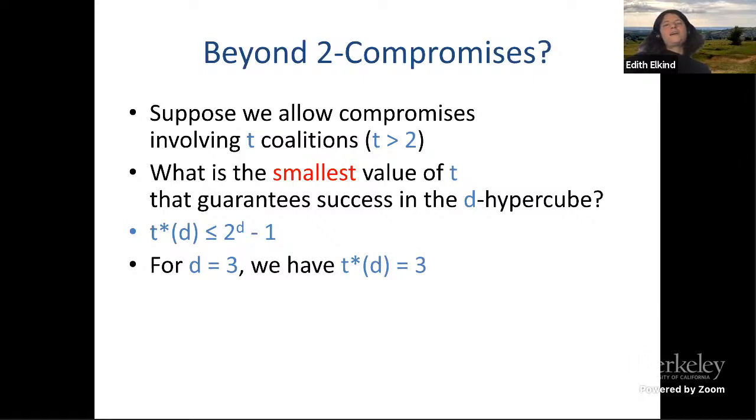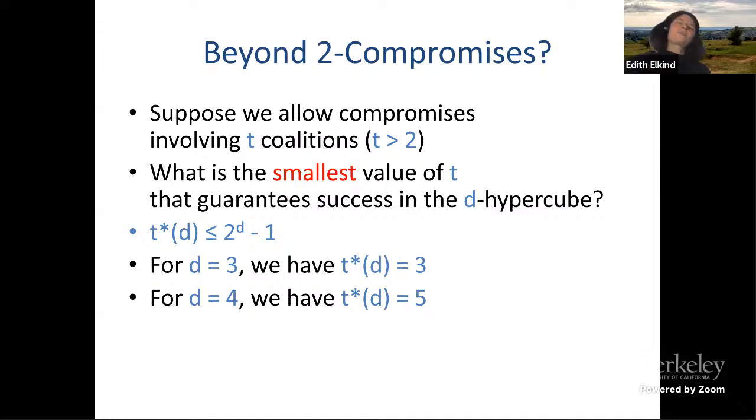And from that, our conjecture for some time was that it's sufficient to allow d collisions to negotiate. So if we are in dimension d, then by allowing d collisions to negotiate, we can always guarantee success, right? And then we tried to prove it for d equal 4. And as we were trying to prove it, we actually found a counterexample. So for d equal 4, the answer is 5. You may need 5 negotiating collisions to get to a successful outcome, right?